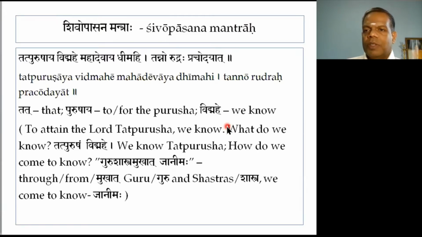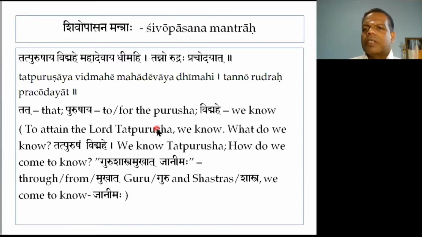Vidmahe means we know, the plural of the first person. For anyone interested in Sanskrit, it's called Bahuvachana Uttama Purusha. Uttama Purusha means what relates to I or we; in English it's called first person. Bahu means many, Vachana means number. I think we looked at this a long time ago, and I've just revised it.